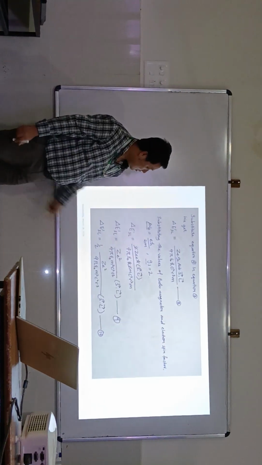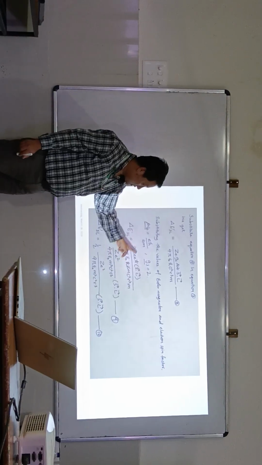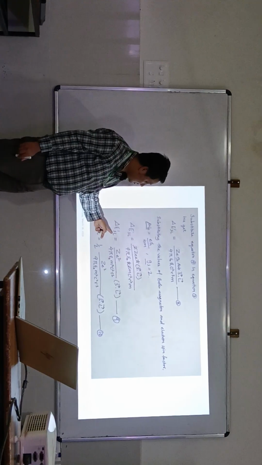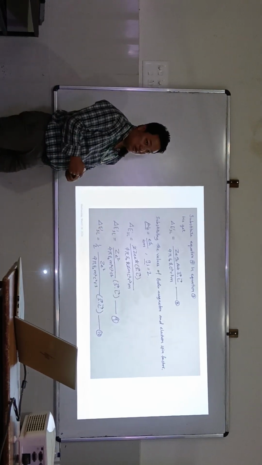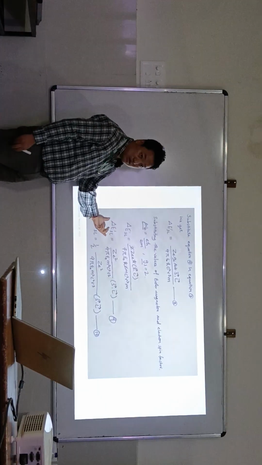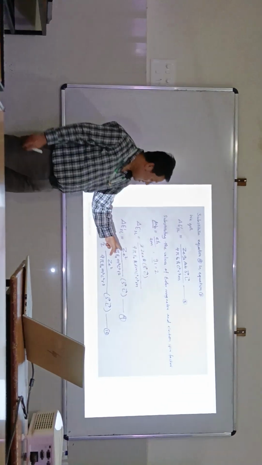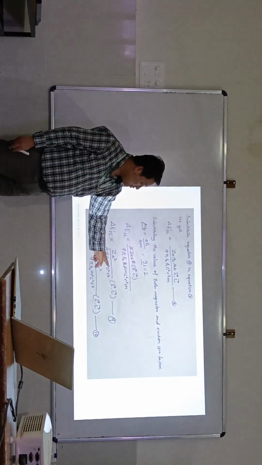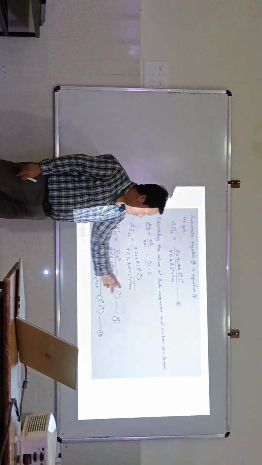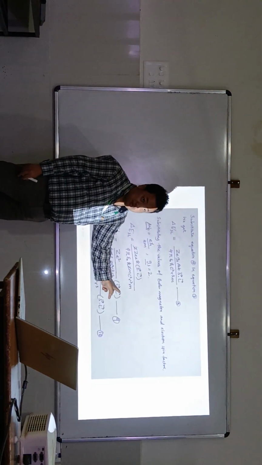When we substitute, the 2 gets cancelled, h cross gets cancelled, and ultimately we get the equation where the change in the spin orbit coupling energy is given by Z squared divided by 4 pi epsilon naught m squared c squared r cubed times S dot L, the spin vector dot the angular vector.